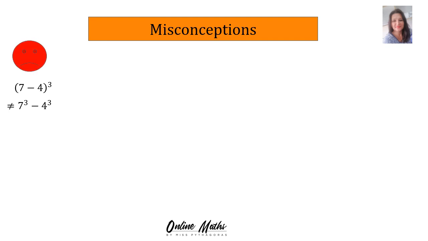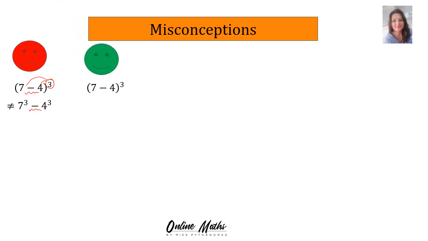The reason is because of this minus. You cannot raise this power there because of the minus. If it was a multiplication, you could do it, but not with a minus.